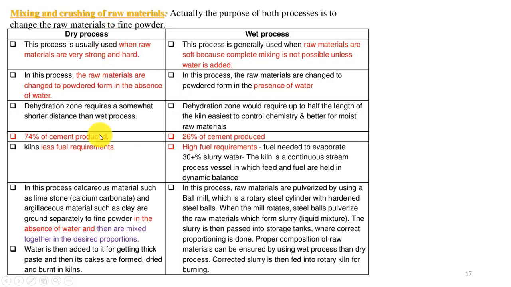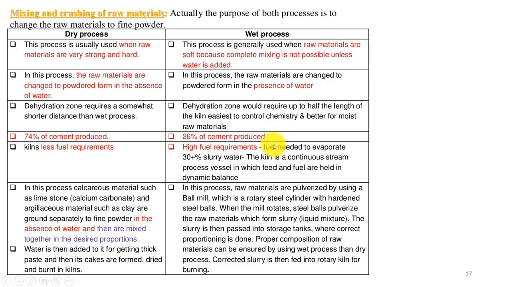In the dry process, you don't have to utilize your fuel to evaporate the water after the grinding has been completed. In the wet process, on the other hand, you utilize fuel for removing the moisture from the material. Almost the majority of cement is produced in the dry process.